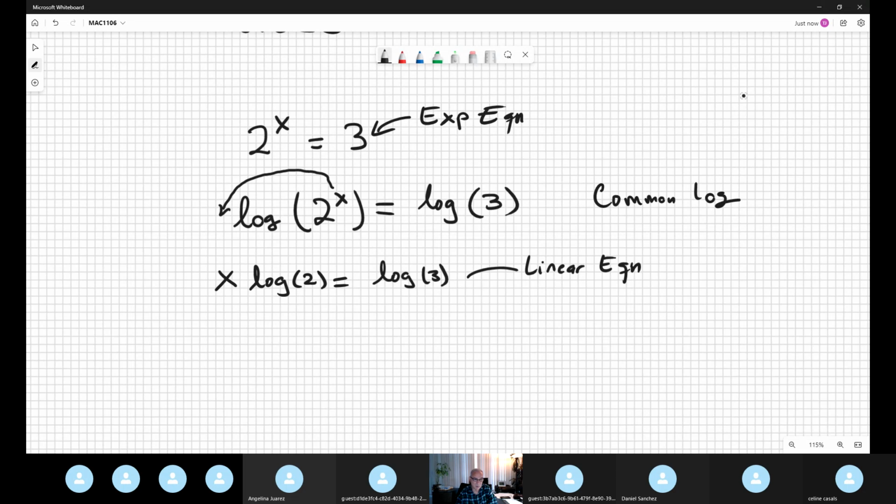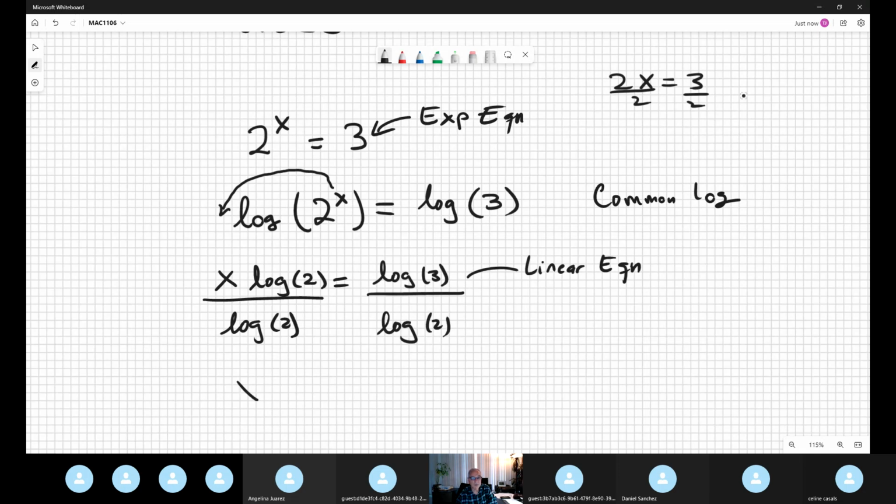Because, you know, it looks different, but it's linear. log 2 is just a number. log 3 is just a number. Exactly like if you have 2x equals 3. I know that it's not the same, of course. But in the linear equation, you divide by 2, and in this one, I divide by log of 2, on both sides. And the answer is, this is cancelled, it's obvious, no? It's x alone, equal to logarithm of 3 divided by logarithm of 2.